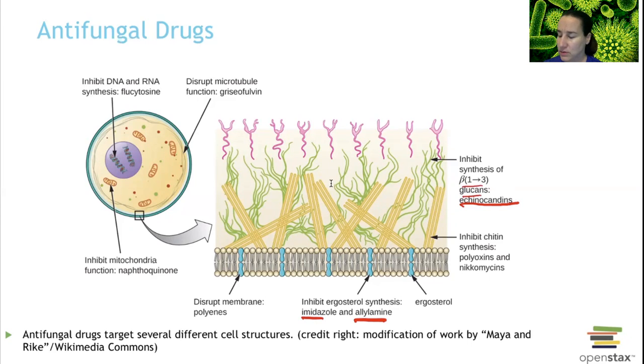Just like we were talking about with the bacteria, are we going to break down the cell membrane? Are we inhibiting DNA and RNA? We're going after the nucleic acids. Are we going after their mitochondria? There are drugs that can attack the quinones. When we talked about cellular respiration, there was glycolysis, the citric acid cycle, and the electron transport chain, which played hot potato with the electrons.